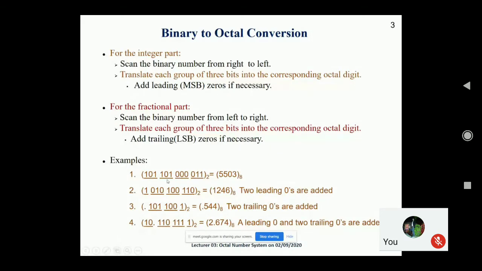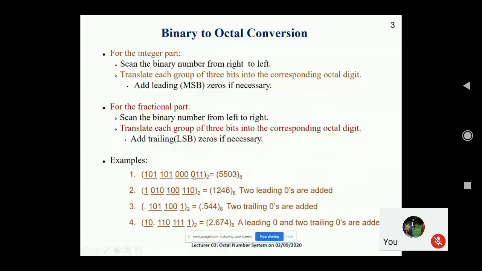In this first example there is no problem because all groups are made of 3 bits. So 101 represents 5, 000 represents 0, and 011 represents 3.